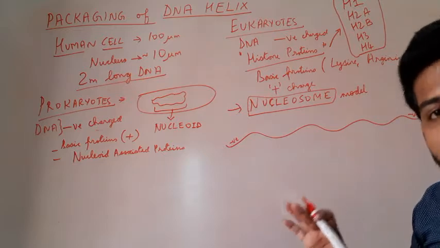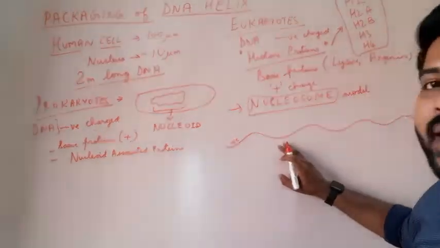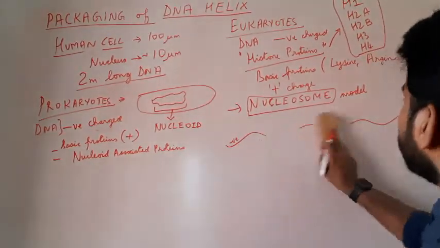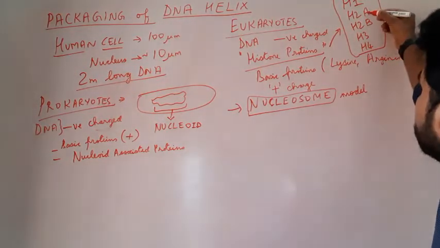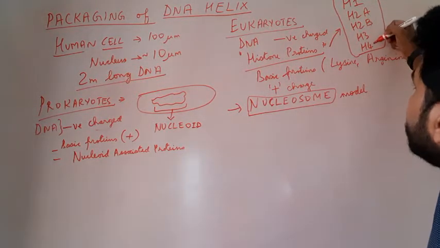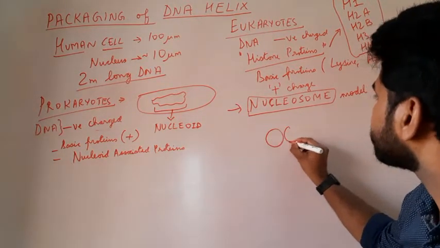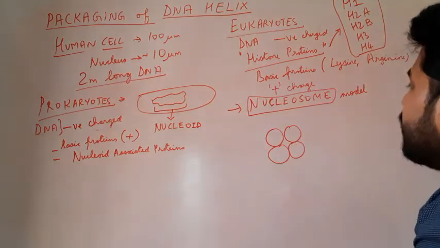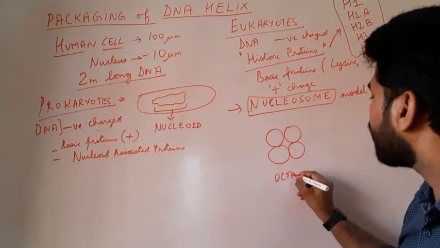So 5 different types of histone proteins will help in organizing the DNA molecule. Among these 5 histone proteins, H2A, H2B, H3 and H4 come together and form what is called an octamer.